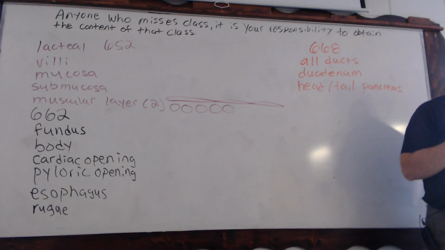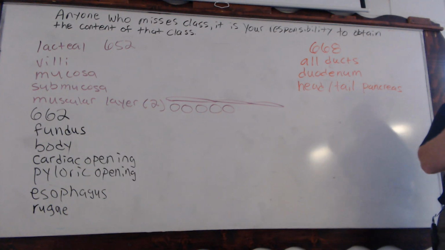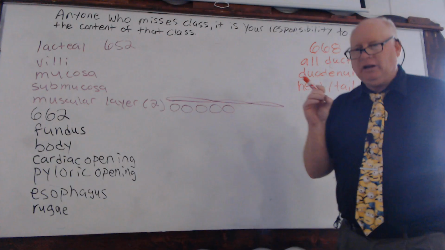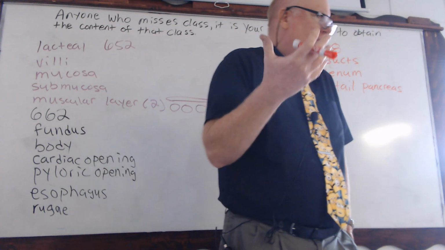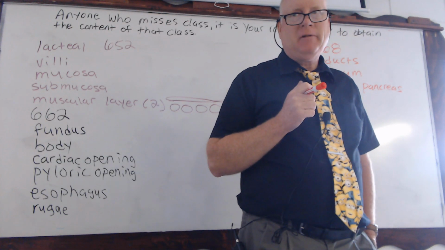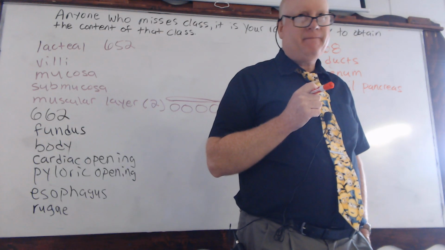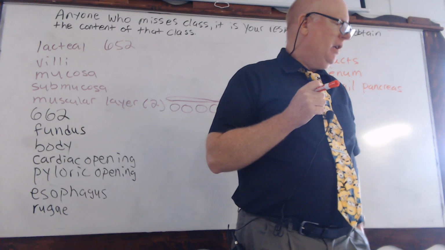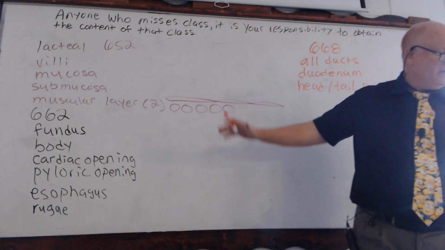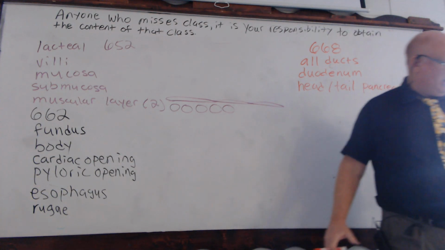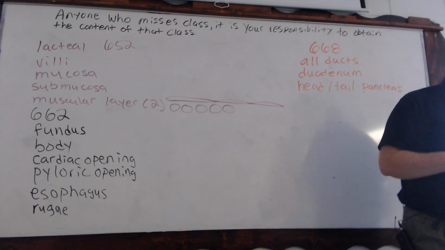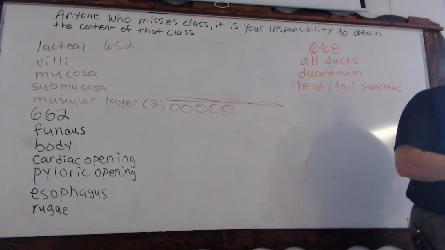What's the question? So what is the name of the muscular opening from the stomach into the small intestine? Or you could say the duodenum. It's a specific sphincter area. We've identified it already. It's also on page 668 as well. Wrong side.